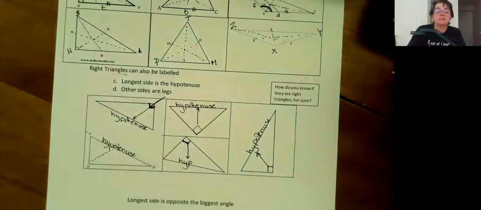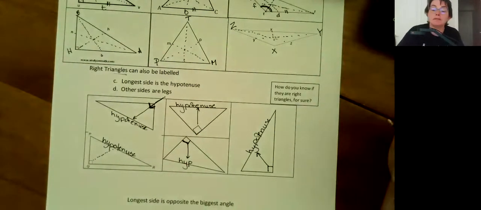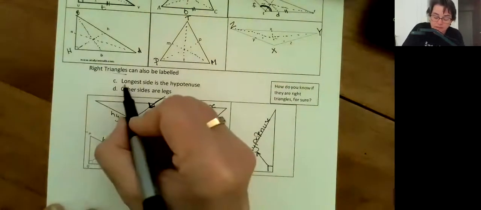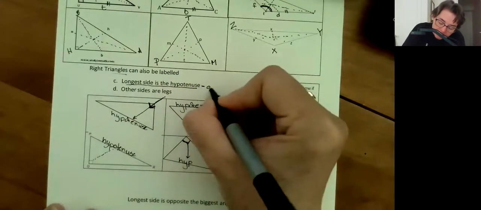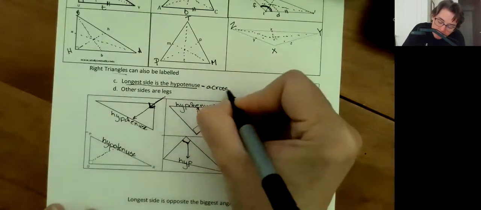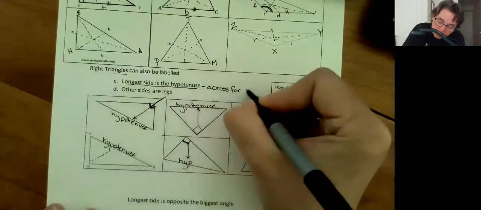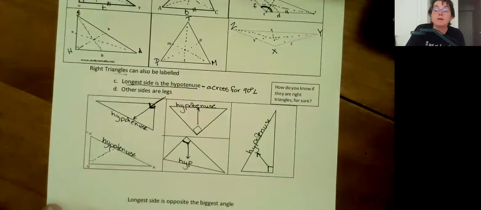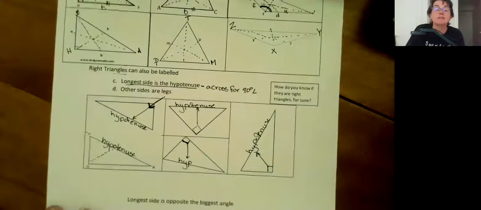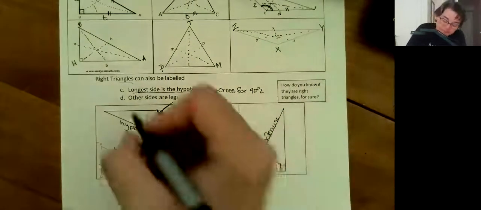Again, you don't need to draw those dotted lines or those angles to point to the hypotenuse. I just want to make sure everybody's got that. So the longest side is the hypotenuse, and it is, please add this, across from the 90-degree angle. The other ones, for this section, all we have to do is call them sides.